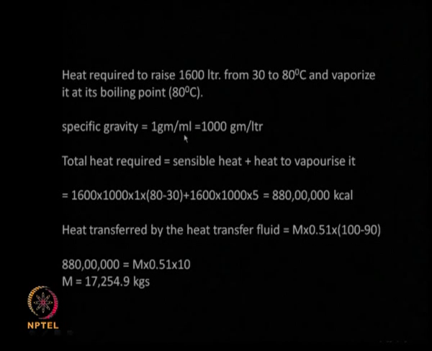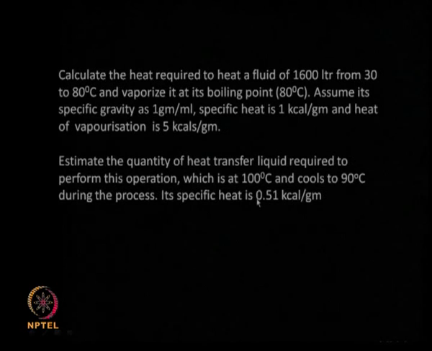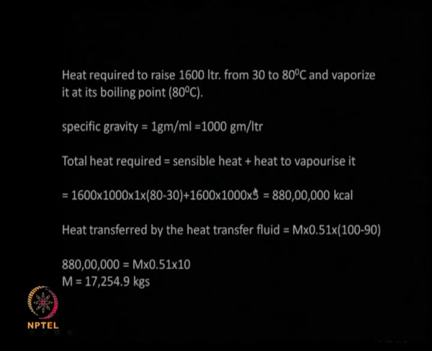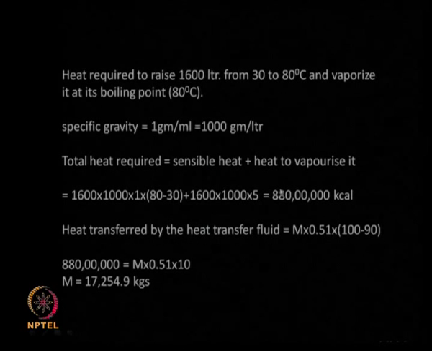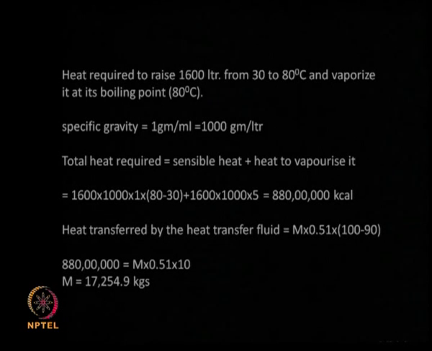So again 1600 into 1000 into the heat of vaporization, which is 5 kilocals per gram, right. So 1600 into 1000 into 5. So that comes to a big number like this, 880 lakh kilocals. This is the amount of heat required to heat a 1600 liter fluid from 30 degrees to 80 degrees and then vaporize it at 80 degrees.